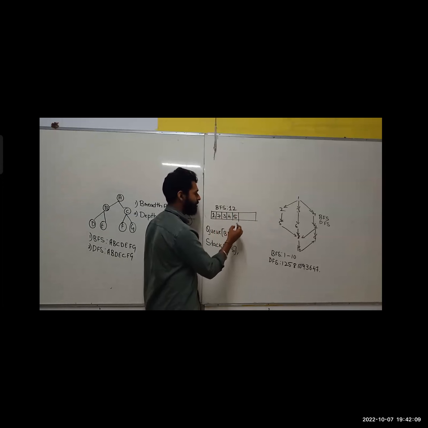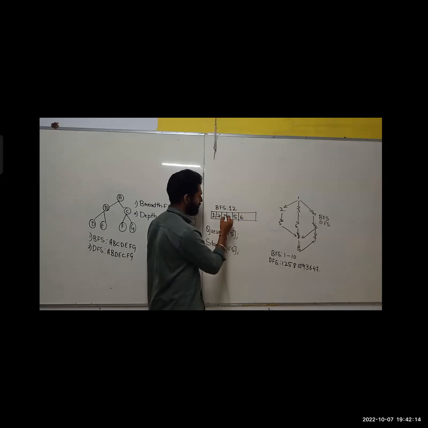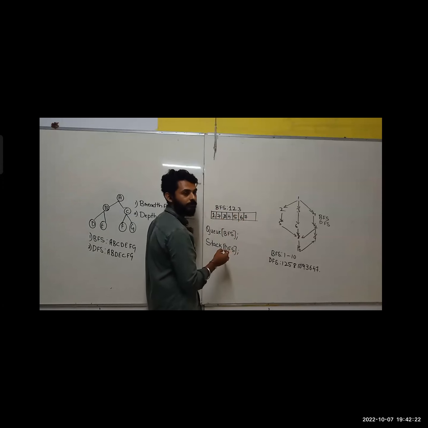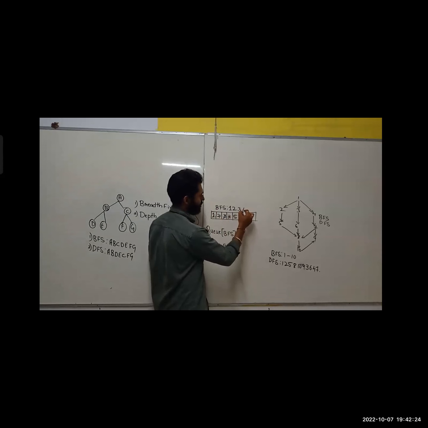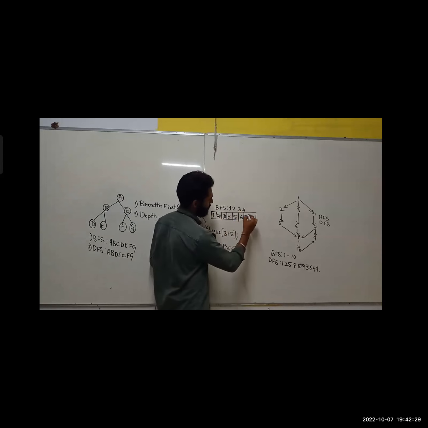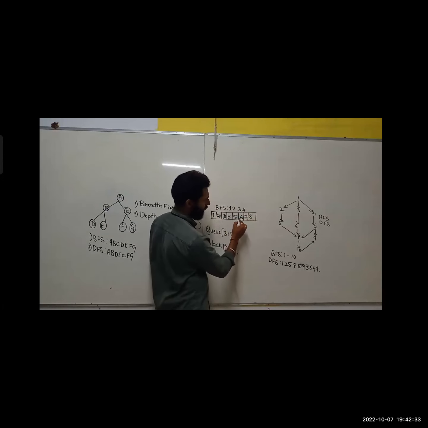For 3, apart from 6, is there anything? No. For 4, that is 7. For 5, it is 8. Then 5 has been done.